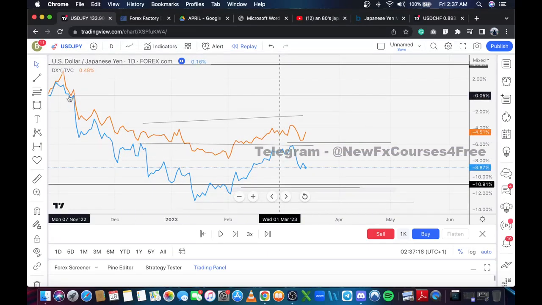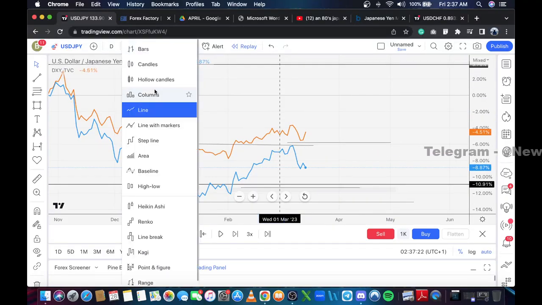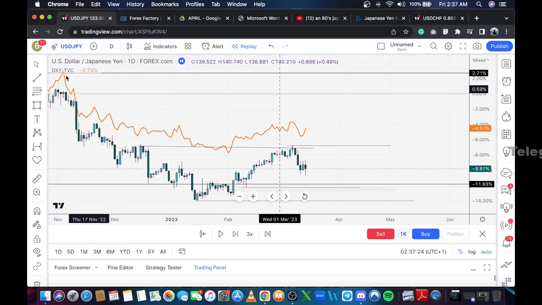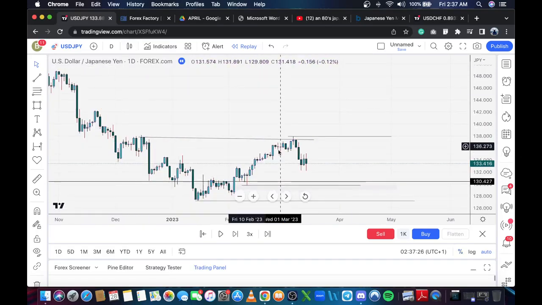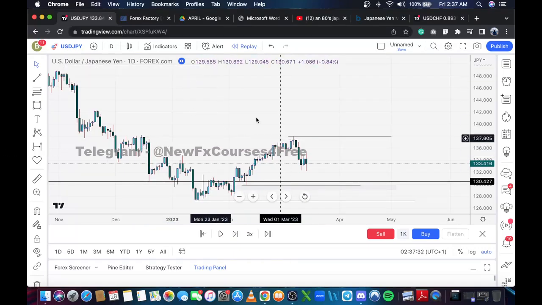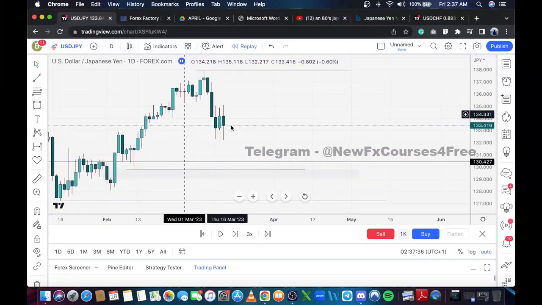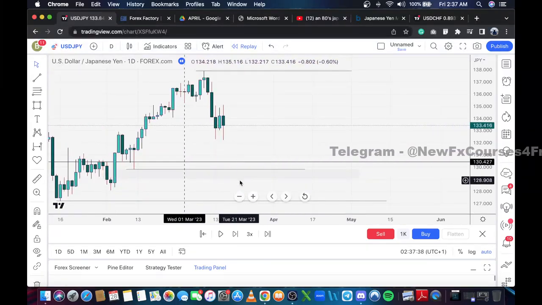Okay. And just to get rid of this, we have a lack of confirmation of a breaking structure against dollar. So that means we could see a run for discount and sell side liquidity potentially too.